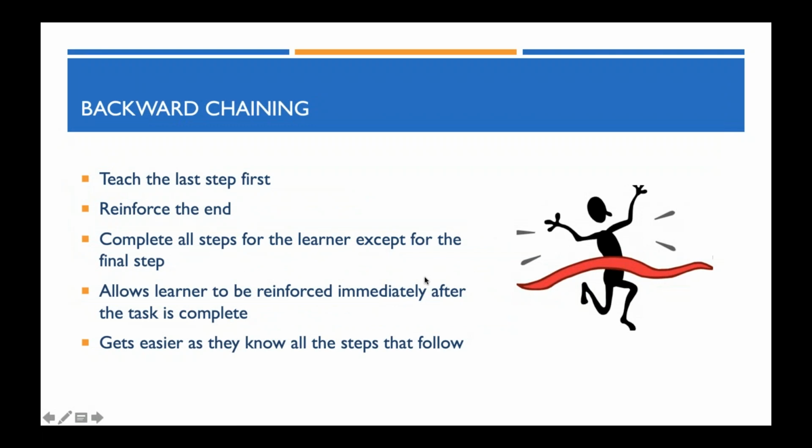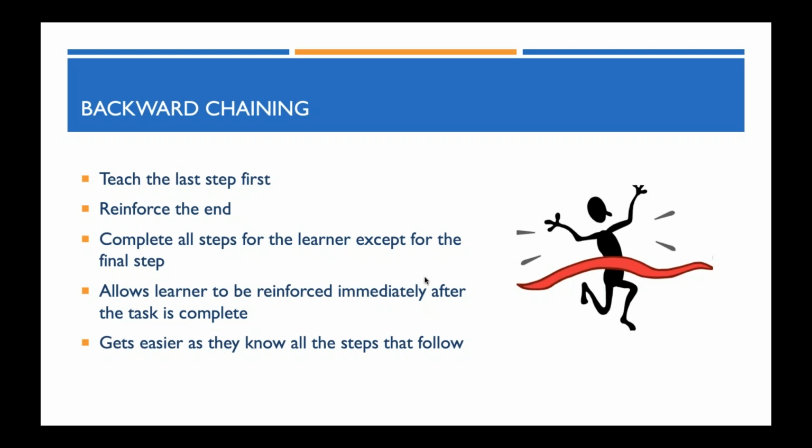Okay, so let's just jump on to backward chaining. Backward chaining is the opposite. You would teach the last step first and then reinforce the ending of the chain. Then you would complete all the steps for the learner or prompt them through it except for the final step.